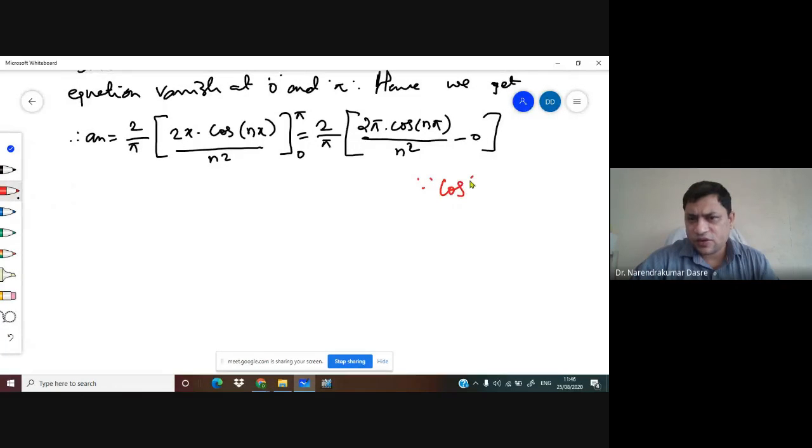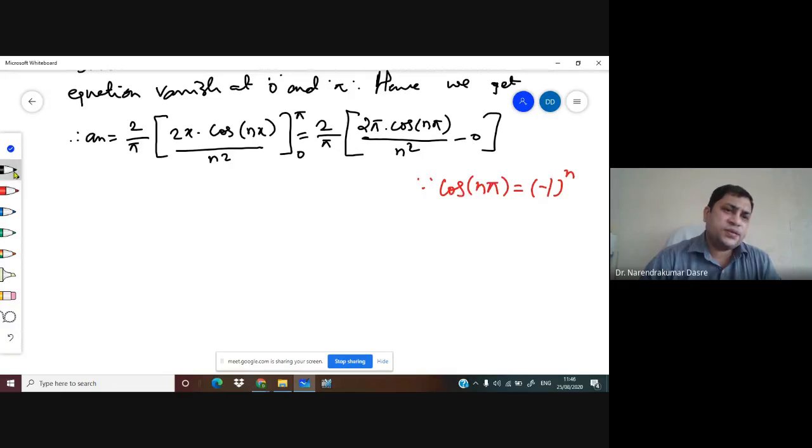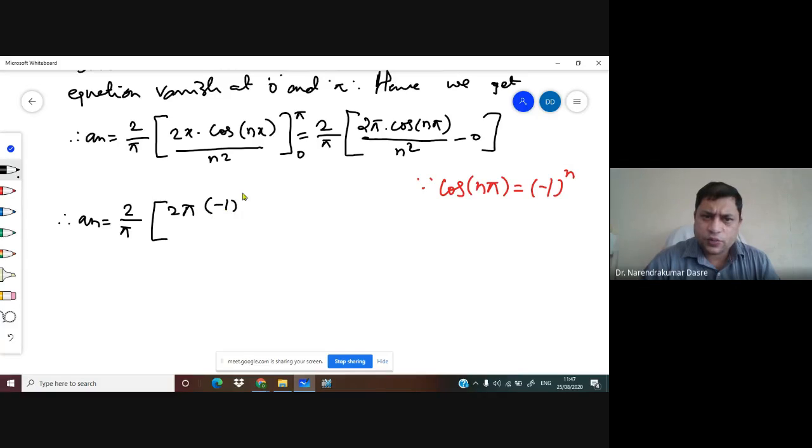Now, what do we know about cos of n pi? cos of n pi is equal to minus 1 raised to n, and hence we get an is equal to 2 upon pi, 2 pi into minus 1 raised to n upon n square.